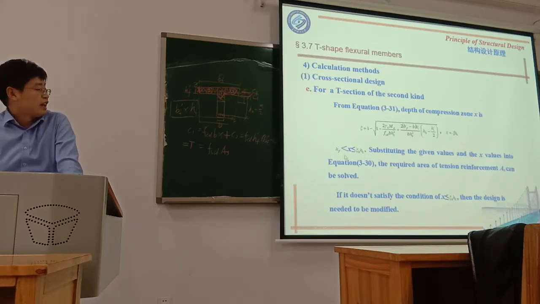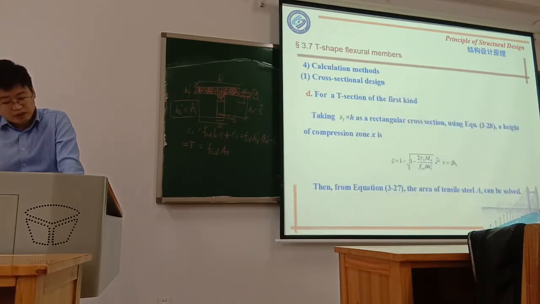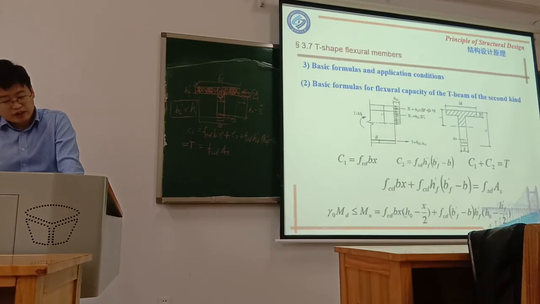For the second type, of course x should be larger than hf prime, and we need to check that x is smaller than xi_b h0. If this x satisfies this requirement, then we can use this equation to calculate As and then the moment.